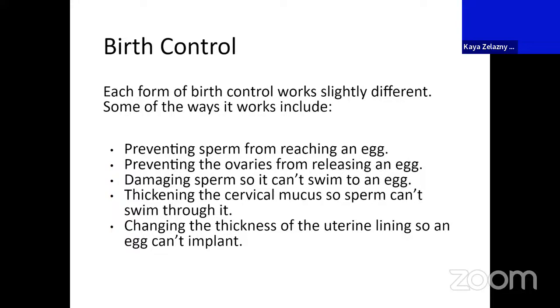You can damage sperm so that they can't swim to the egg, right? So their motility is important, and that capacitation process. If you were to end up with sperm that are slow and not very efficient and can't break through the outer layers around an egg, you wouldn't have fertilization occur.